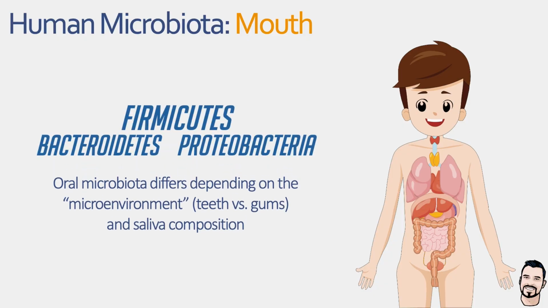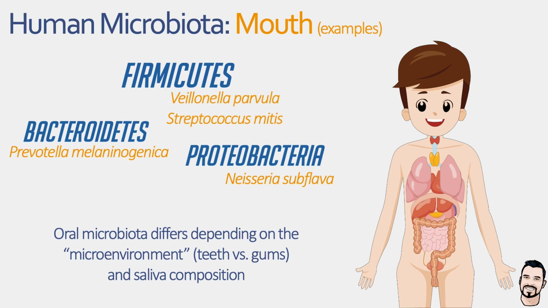Now, overall, the dominant groups of the oral microbiota are the firmicutes, followed closely by the bacteroidetes and proteobacteria. And if we look at some key examples and their roles, we have Veillonella parvula, which helps maintain pH balance in the oral cavity by removing lactate and converting it into propionate and acetate.